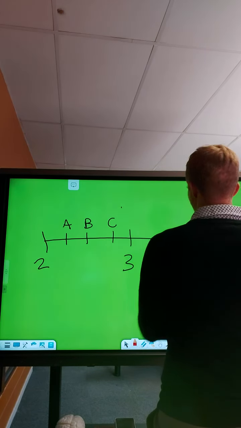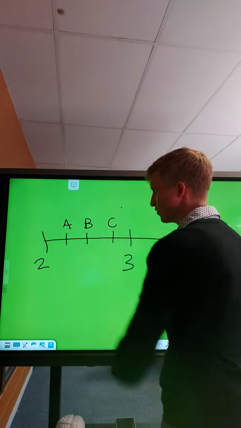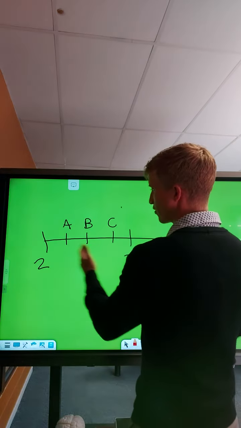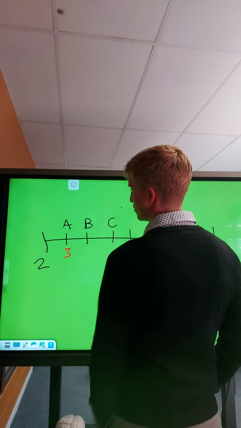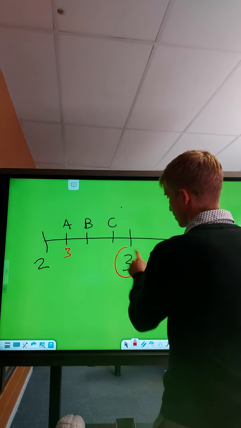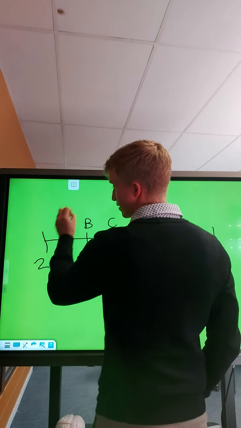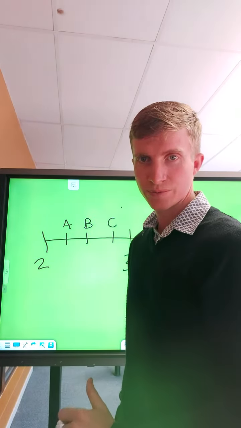What is the value of B? What is the value of C? So I know between 2 and 3, I can't say that value is 3 because there's my 3. So I have to see, okay, there are fractions involved.